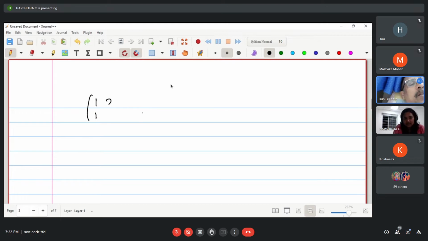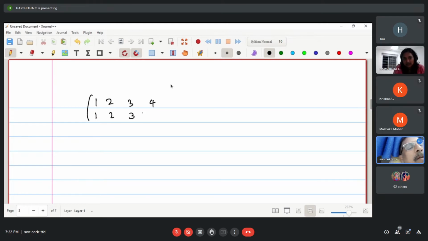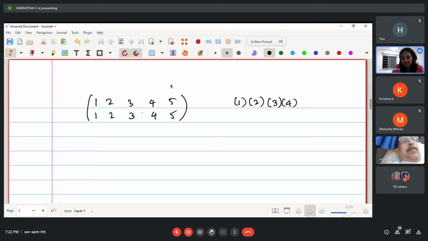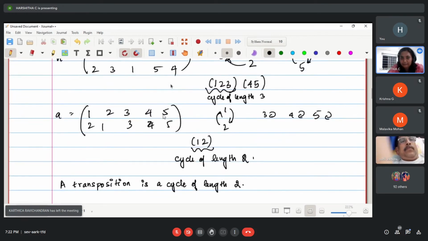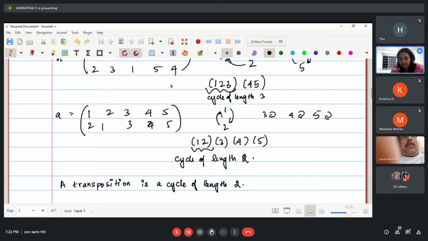Then it is a permutation, but there is no cycle at all. You can write this as a product of one-cycles. See, here also there are cycles of length 1, namely 3, 4, 5. We're just suppressing them for notational purposes.